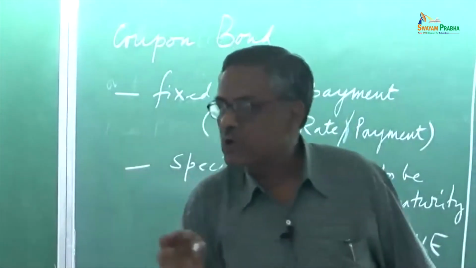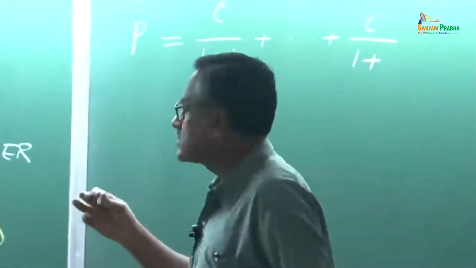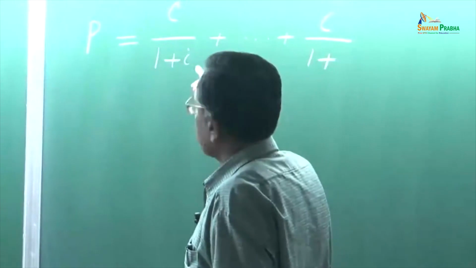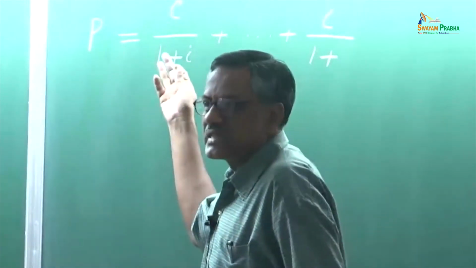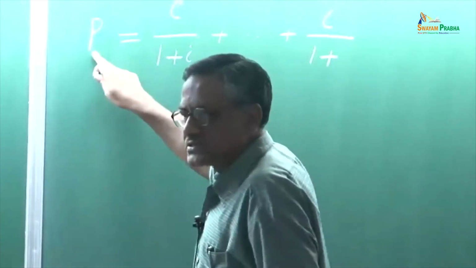Suppose I buy a coupon bond at a price, a competitive price that is developing. Now, I have 10 periods, or say 8 periods left, 2 periods have gone by already, and somebody is selling it at a price.